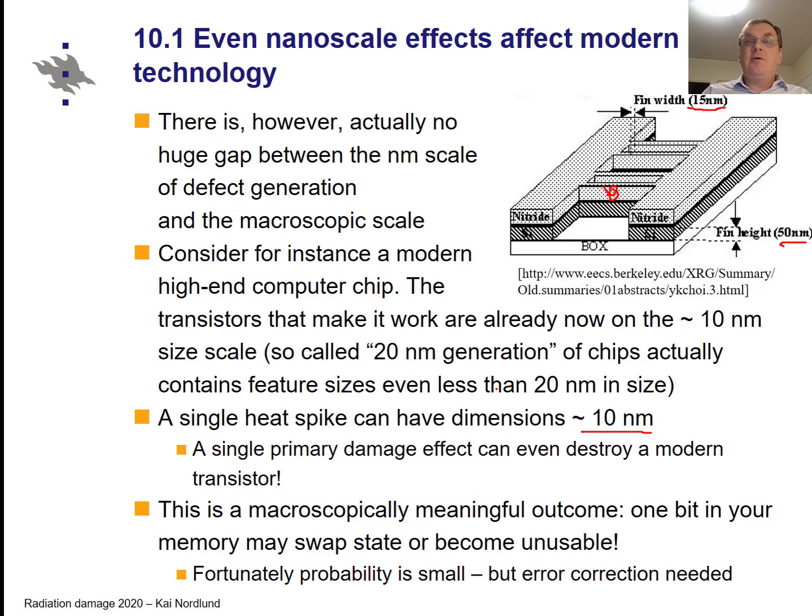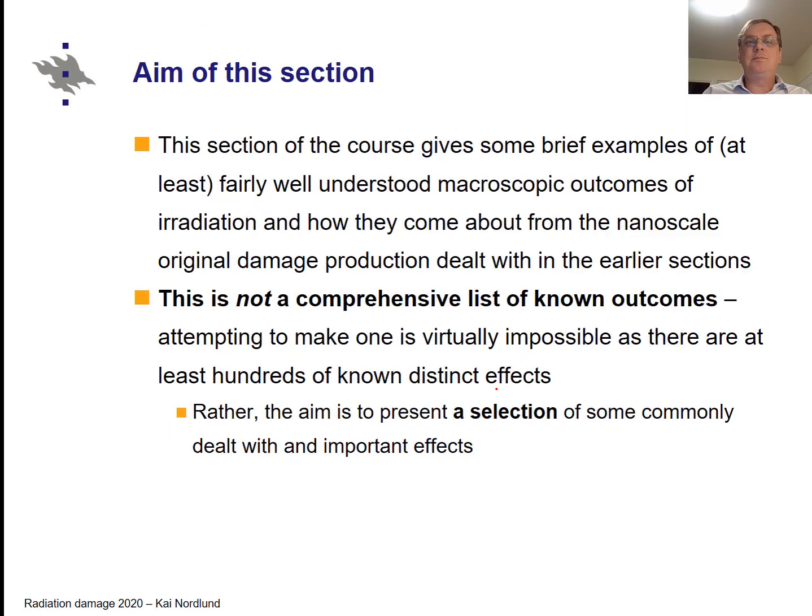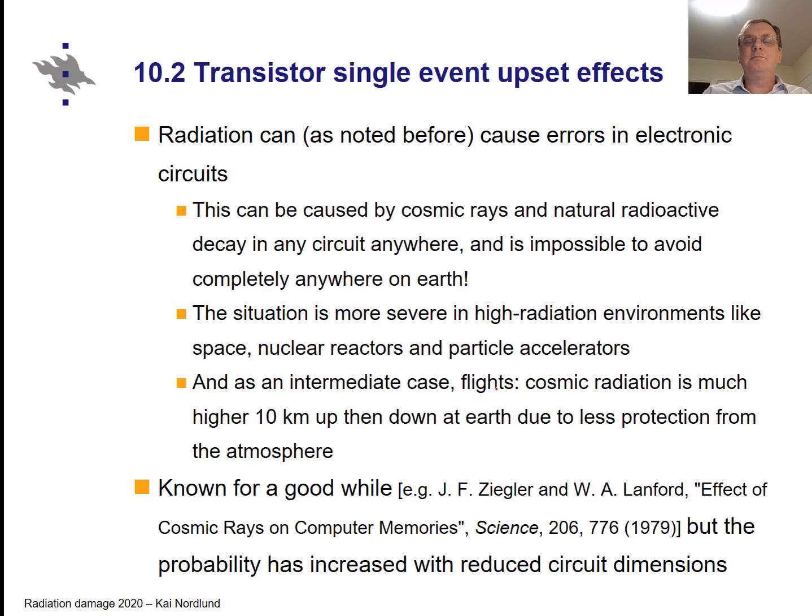So this means that one really has to consider these nanoscale radiation effects also for practical applications. And as I said, this list is not a comprehensive list of outcomes. So I'll continue with these electronic effects.